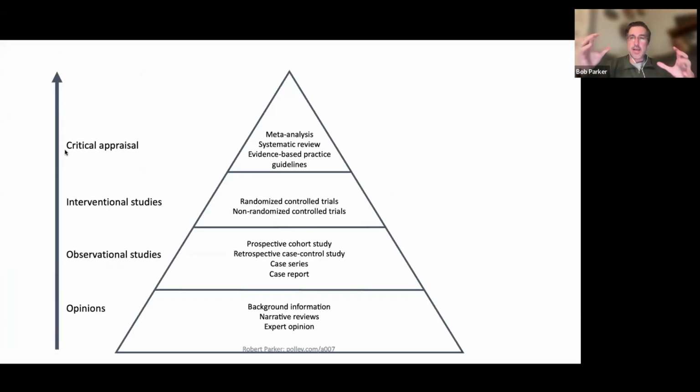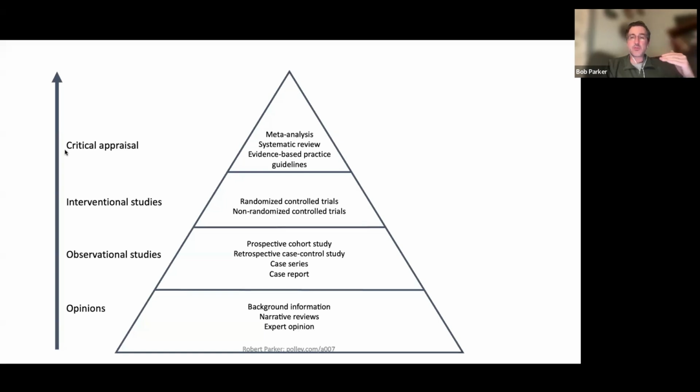All right, so as we talked about the study designs, let's go back to our pyramid of evidence. And one of the things that I want to stress is that every one of these is important. When I was in medical school, it was, oh, we've got to get these randomized controlled trials. And then it became, oh, we've got to get this systematic review and meta-analysis.